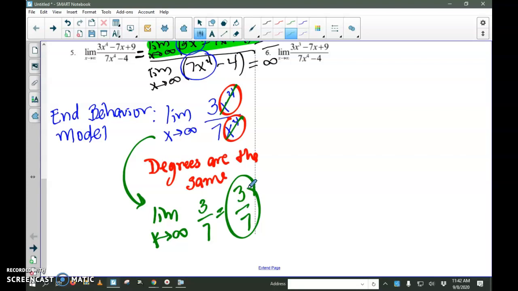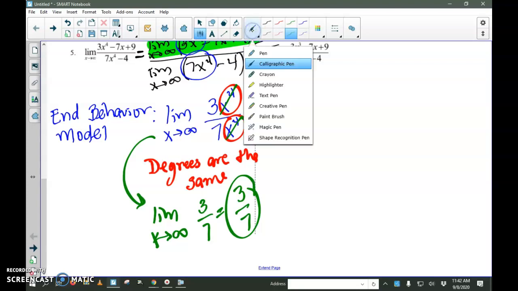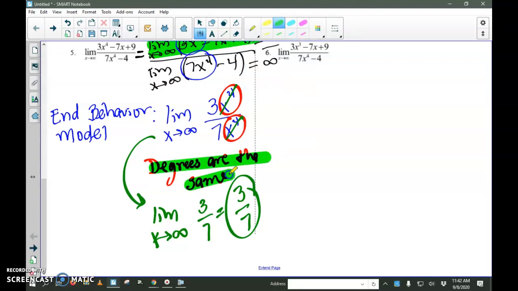And so moral of the story is, when you look at your end behavior model and the degrees are the same, take a look. Your final answer, which is, by the way, horizontal asymptote, we'll get that down in a second, your final answer is going to match the leading coefficients of your rational function.